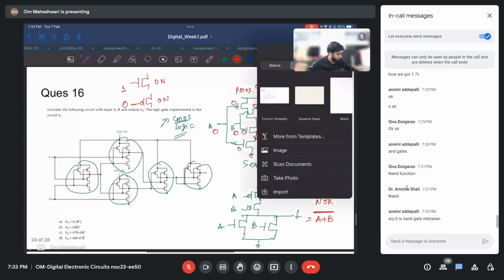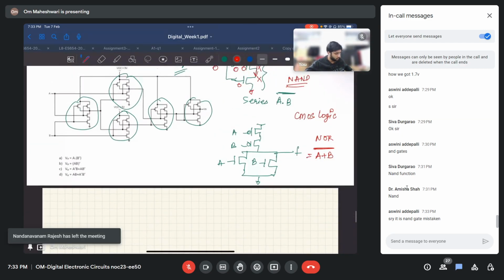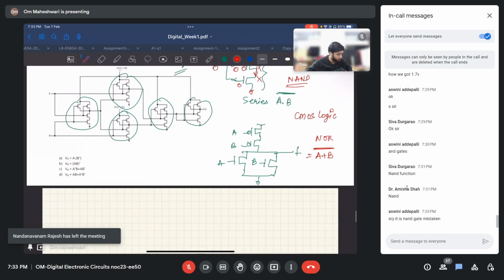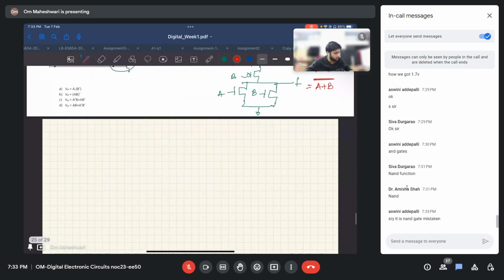Now let us see what they have drawn. We have 5 NAND gates, so I'll just draw 5 NAND gates first.